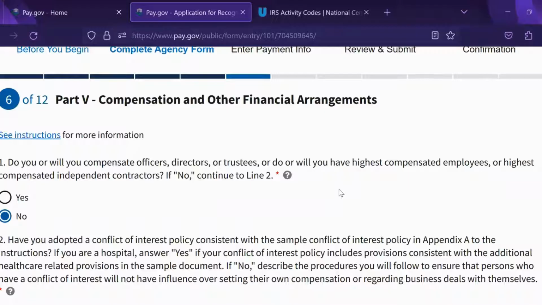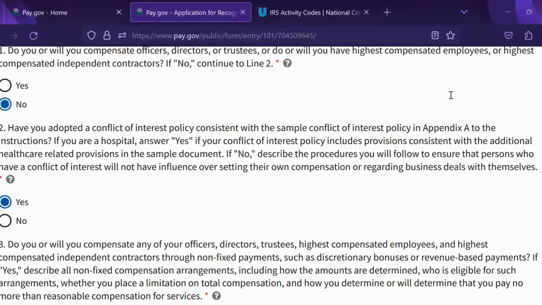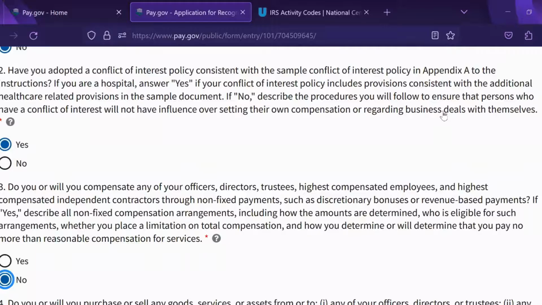So that's why she does not fall under this category. But, not to confuse you, most 990 tax returns will list the CEO's salary in this area. But we are going to leave our answer at no.